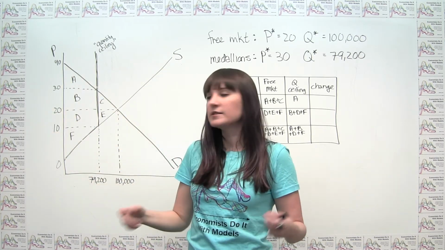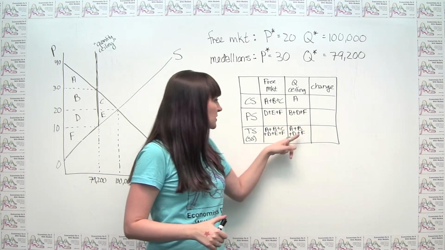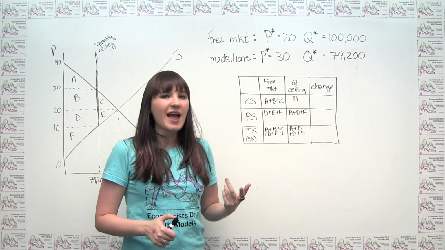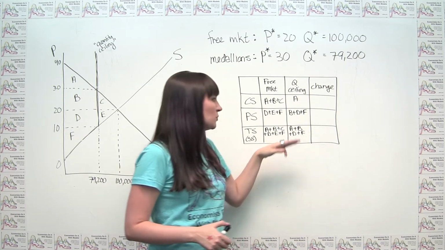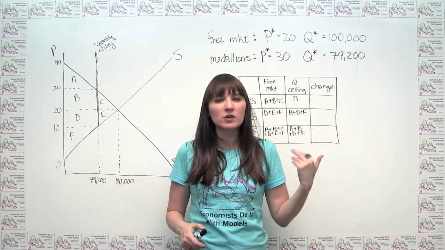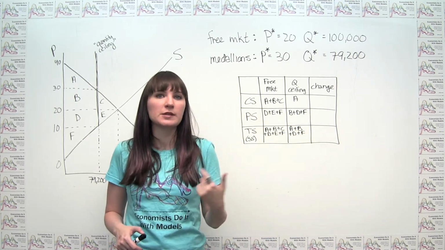I got a number, and I did the same thing for producer surplus. And then I came back to calculate these individual things. And I actually got a number here where the total surplus was higher under the quantity ceiling than under the free market. I'm like, wait, I know enough about economics to know that that's not how it's supposed to work.